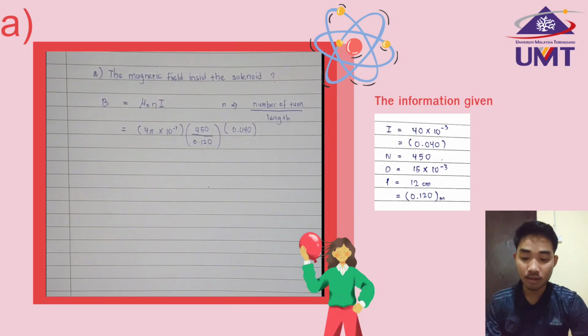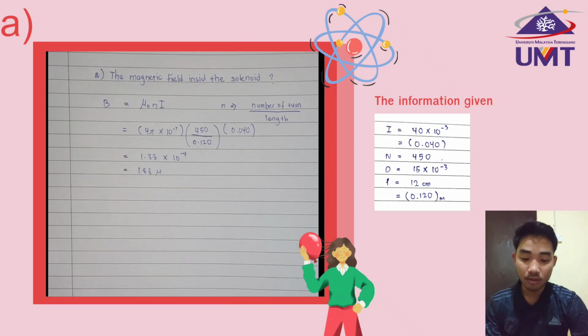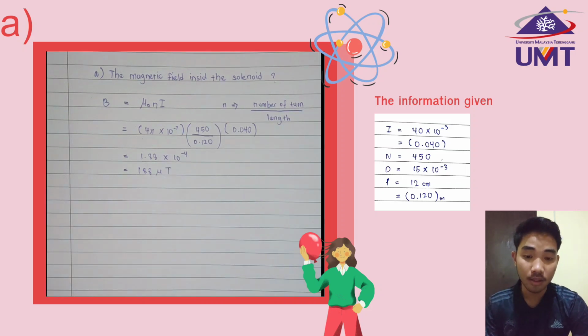Press the calculator and we get the magnetic field as 1.88 times 10 to the negative 4. I need the answer in micro units, so convert it into 188 micro. The unit of the magnetic field is Tesla, capital letter T. So the total magnetic field inside the solenoid is 188 micro Tesla.